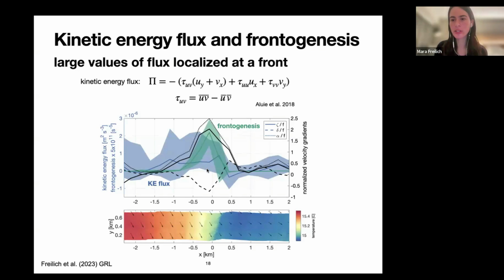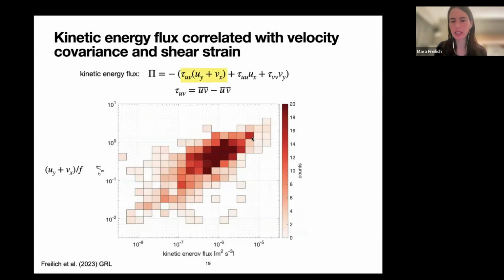I think the issue that you're mentioning has to do with cascades. Here is a heat map showing kinetic energy flux, compared with strain, although that's not particularly relevant for answering your question. And as you're saying, we're spanning 4 orders of magnitude here.